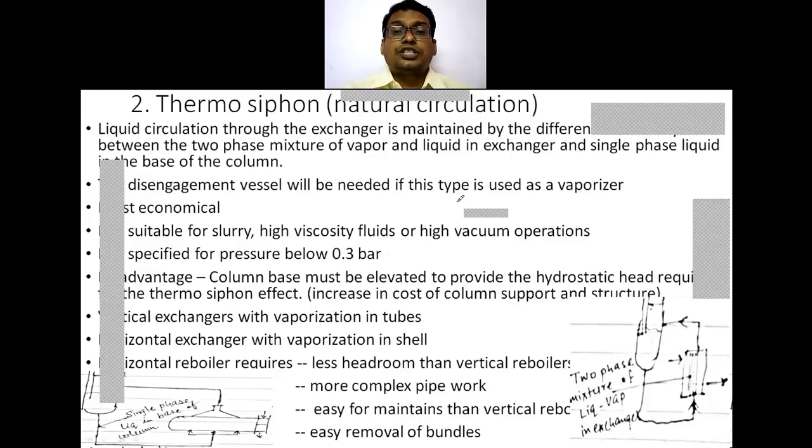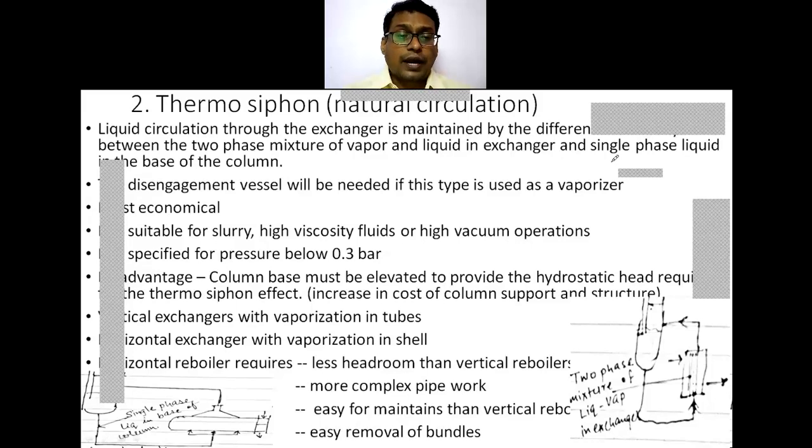The liquid circulation through the exchanger is maintained by the difference in the densities between the two phase mixture of vapor and liquid. So one reason is the difference in the densities and the single phase liquid in the base of the column.